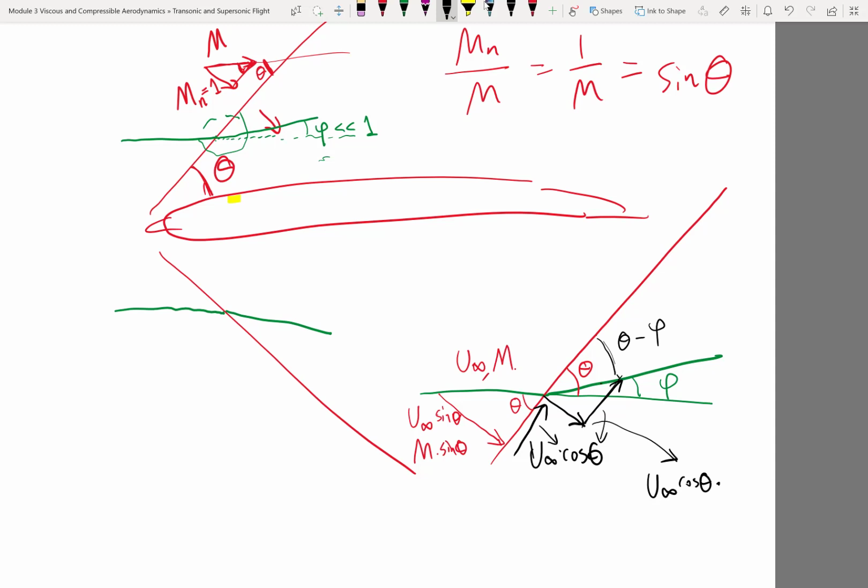Right, this angle is theta minus phi, and this is the tangential component that didn't change, and this is the new normal component. We have a tangent of theta minus phi, right?